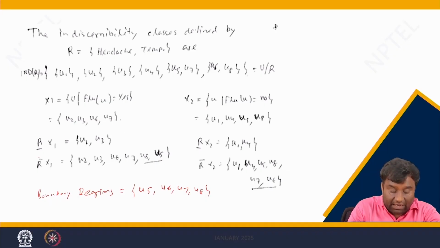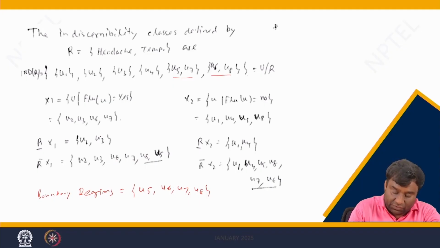The lower approximation is the subset of this set. U2 and U3 are subsets of that. U6 is there, but U8 is not present in the X1 target set, so it will not be included. U5 is not present either. So the lower approximation is U2 and U3. For the upper approximation, we add U5, U7, U6, U8, so it is U2, U3, U5, U6, U7, U8.